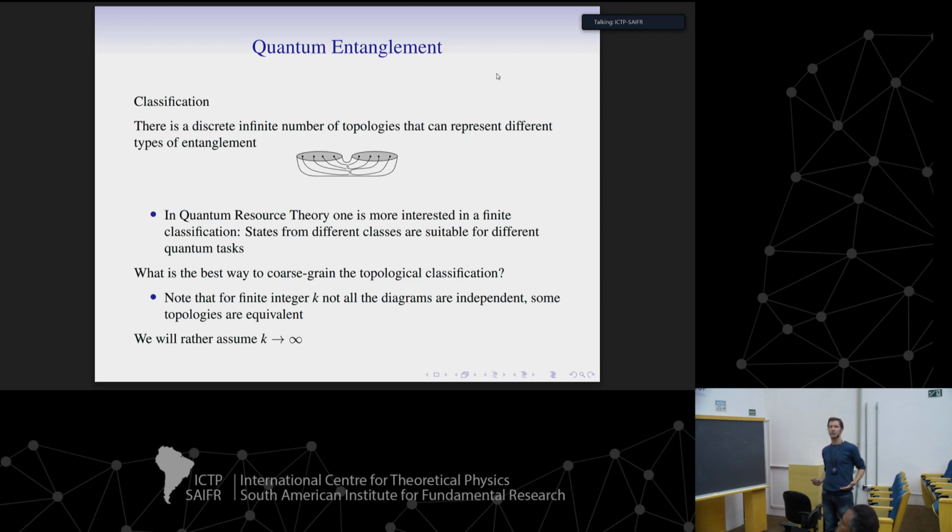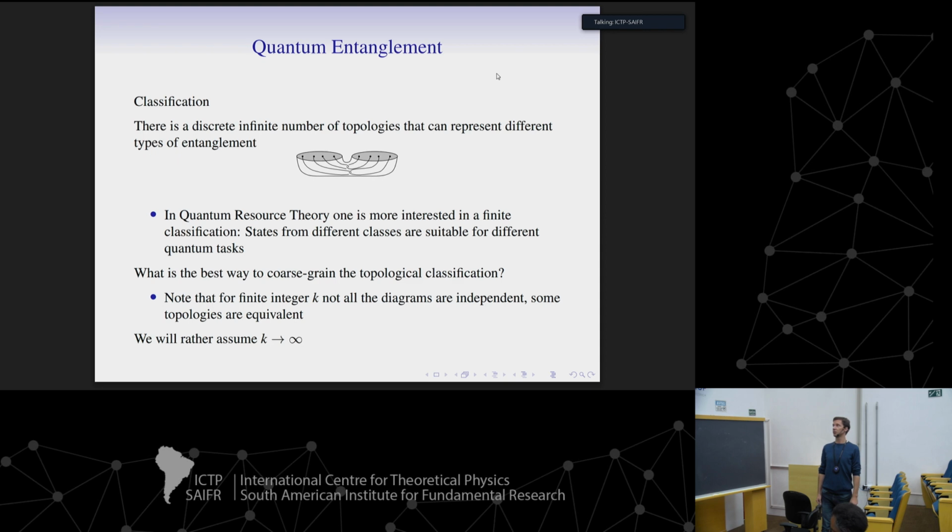Well, here there's a natural classification because you can have different kinds of topologies. So every topology you might think corresponds to a different type of entanglement. But it is not a very interesting classification for quantum resource theory because this classification is infinite. You have a discrete infinite number of topologies.